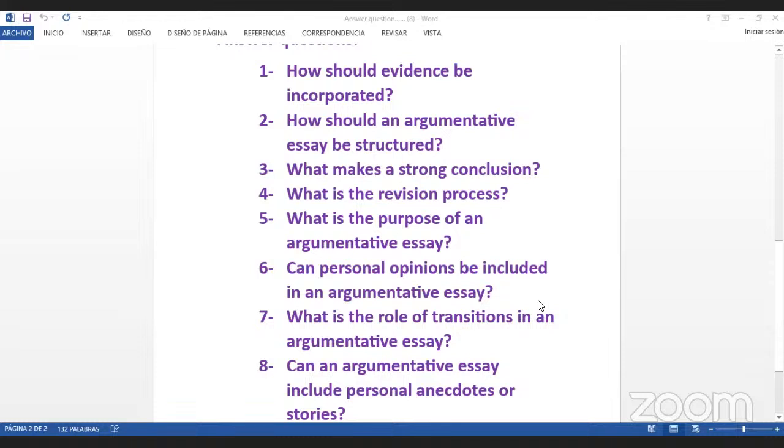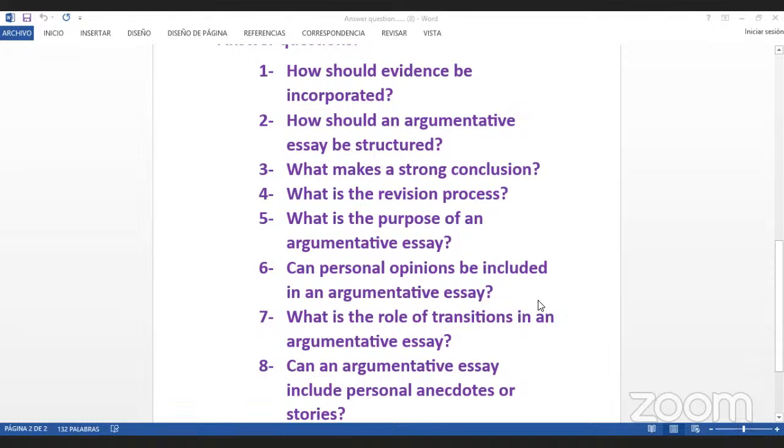Okay. Number 2, how should an argumentative essay be structured? An argumentative essay should be structured in the following manner. As you know, the introduction is the first one. The introduction should grab the reader's attention, provide the necessary background information, and clearly state the thesis statement.